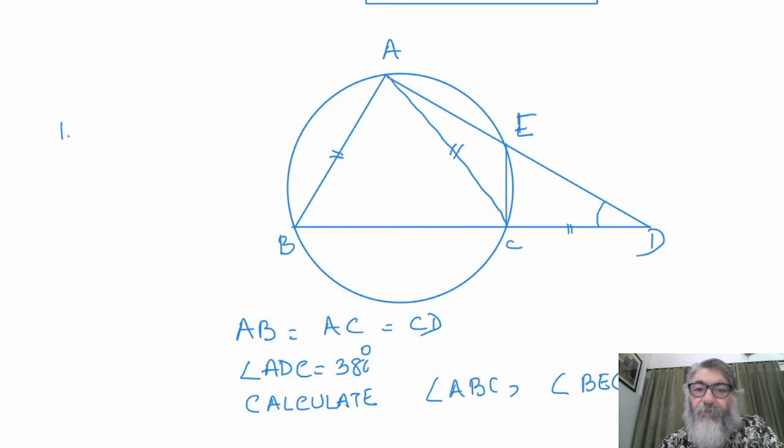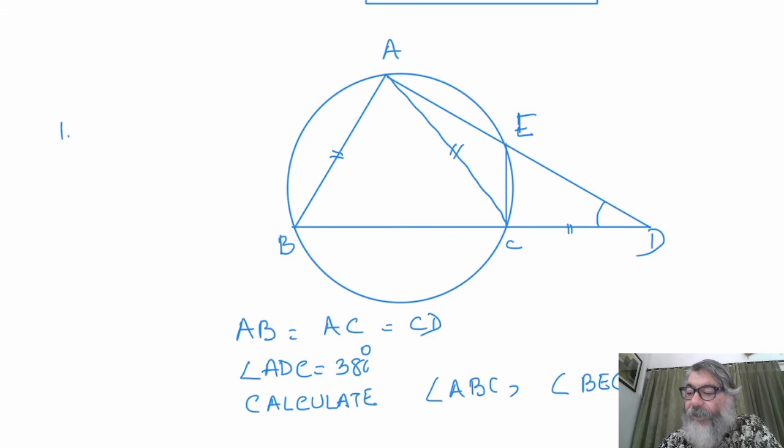Like in this figure, what he has given you is ABCE, a cyclic quadrilateral, and BCD and AED are two straight lines, in which it is given that AB is equal to AC is equal to CD, where I have drawn dashes.